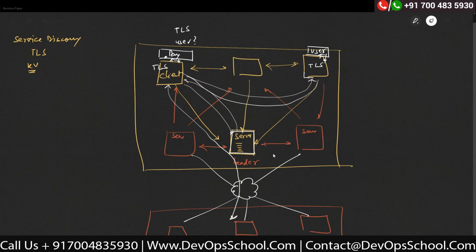Okay. So now let's set this thing up. When I say this is a data center, this data center is not the traditional data center. In Consul terms, it's a set of servers and clients.